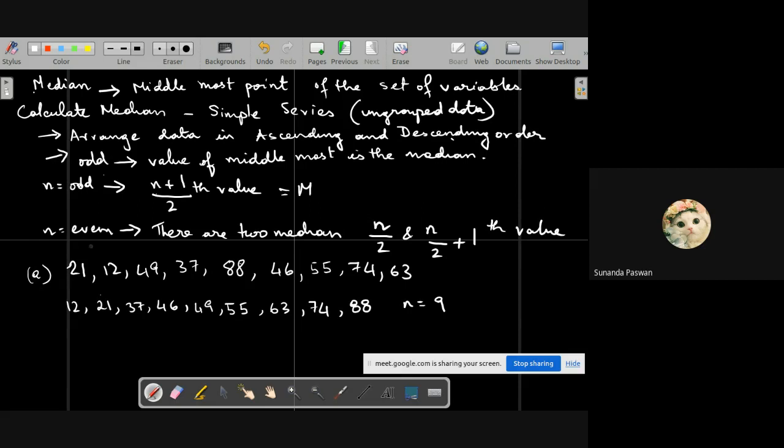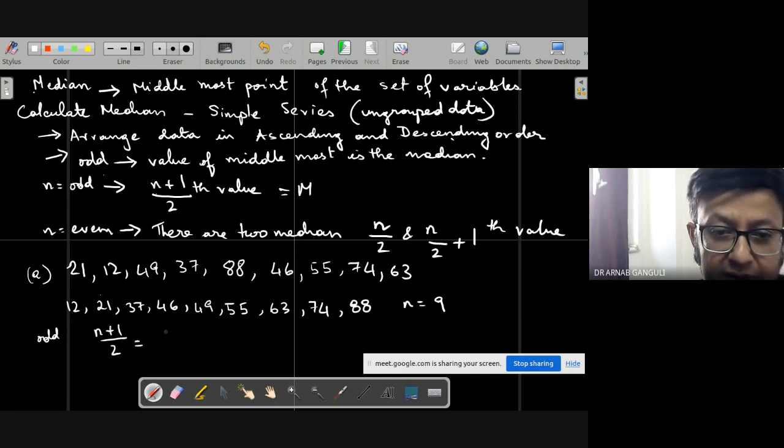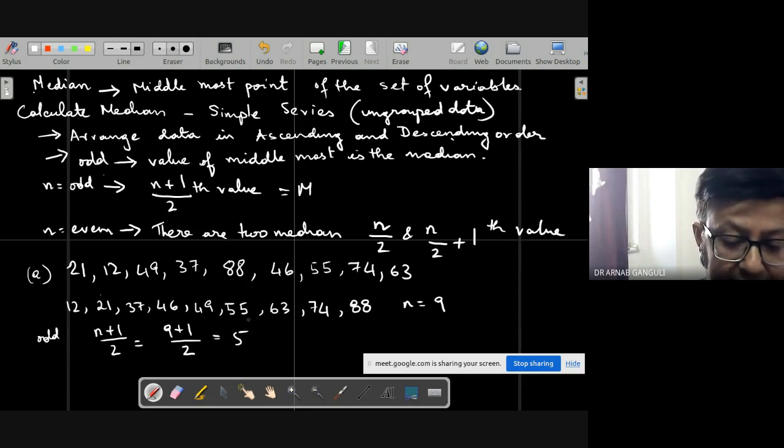So the median, since 9 is an odd number of terms, is the (n plus 1) by 2th term. This is 9 plus 1 by 2, that is 5. So the fifth term: 1, 2, 3, 4, 5.